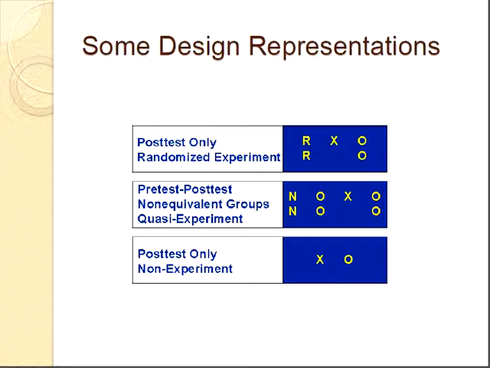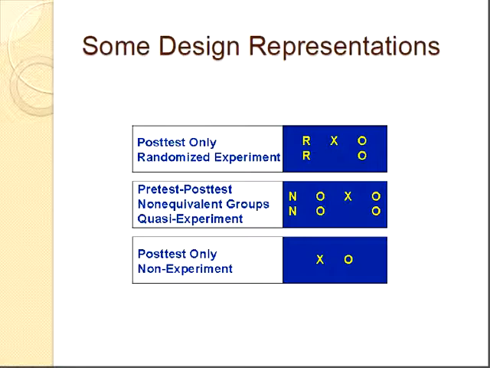So quickly, let's consider some design representations. In general, I have classified all possible quantitative research designs into 3 classes of representation. We have in the first class post-test only randomized experiments.